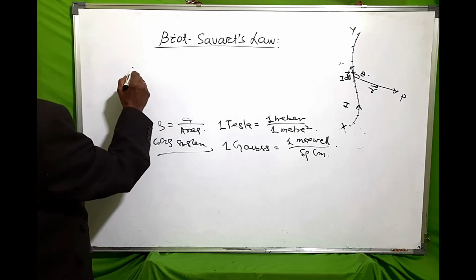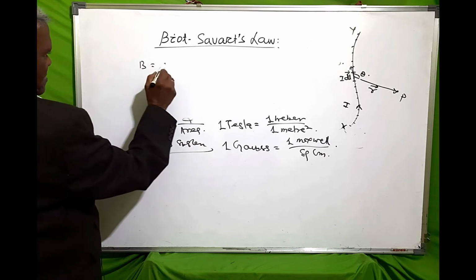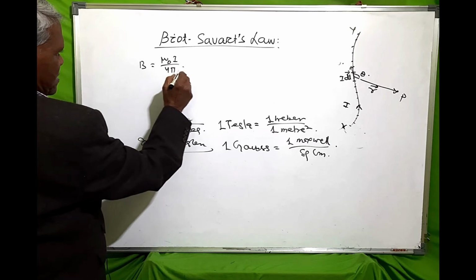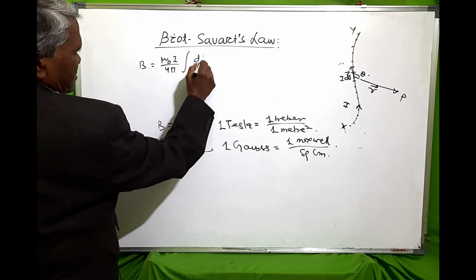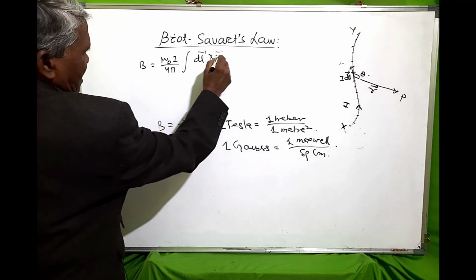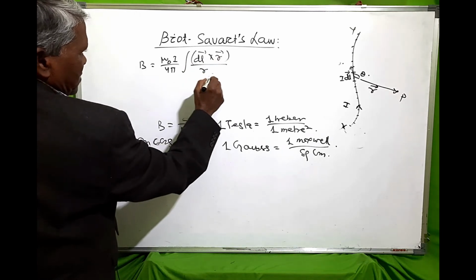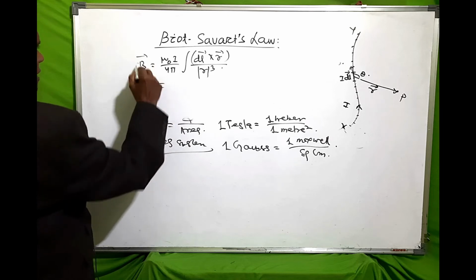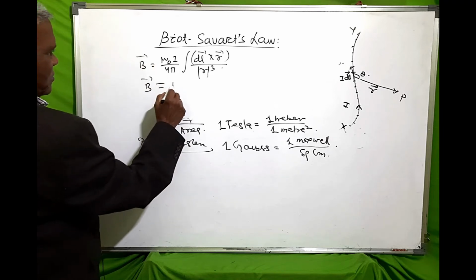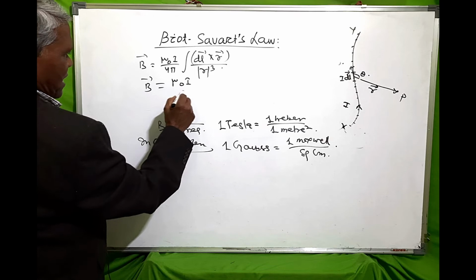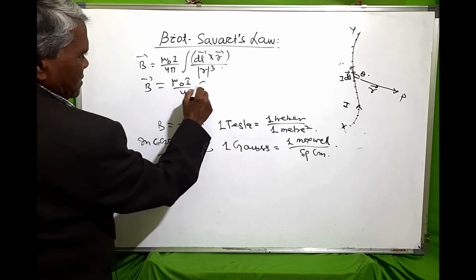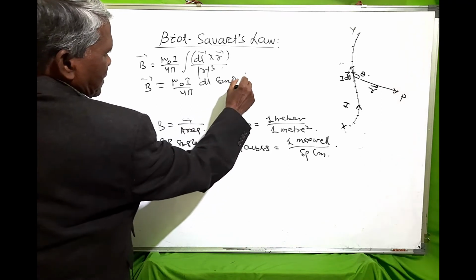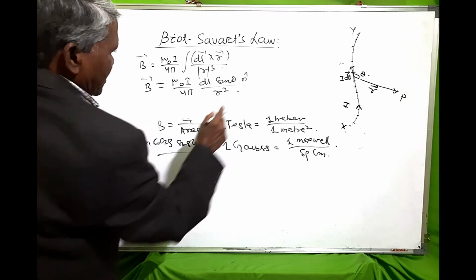Here we obtain that magnetic field B is equal to mu 0 I by 4 pi integration of dl cross r by mod r cube, or we can say B is equal to mu 0 I by 4 pi dl sin theta n cap by r square.